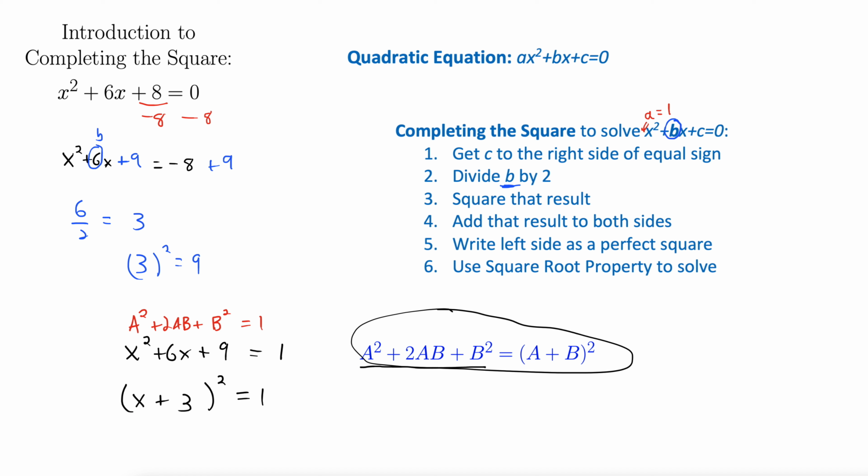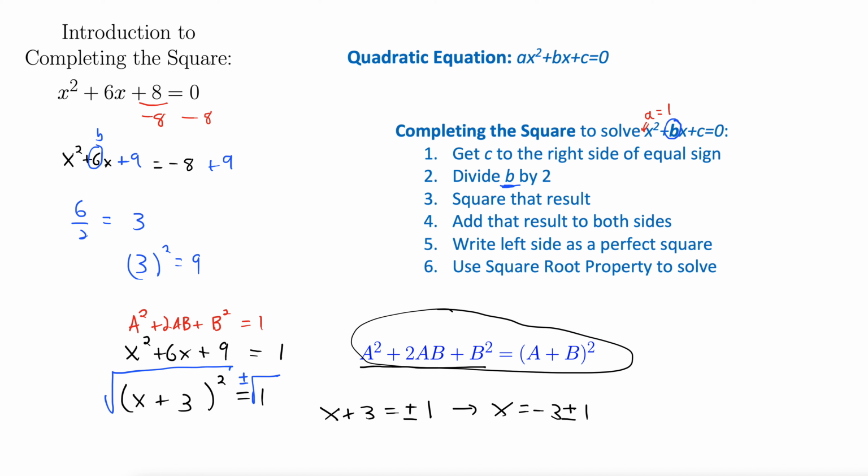Now for step 6, we use the square root property to solve it out. So we take the square root of both sides. Don't forget to add on the plus or minus. That's the square root property. And that gives us x plus 3 equals plus or minus rad 1. But rad 1 is just 1. Solving for x now, x equals minus 3 plus or minus 1.